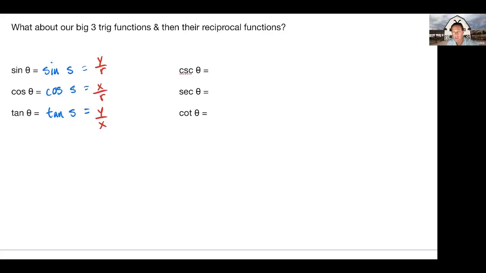None of that changes other than the fact that we are now on the unit circle, which means our radius is length 1. So we can say that the sine of S on the unit circle is simply and only equal to y, cosine is x, and tangent is equal to the sine over the cosine, which is therefore y over x still.